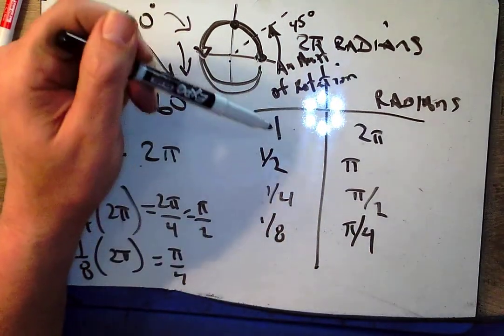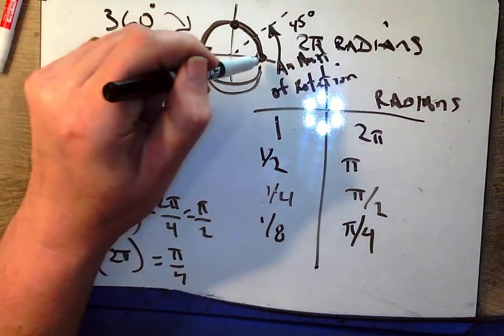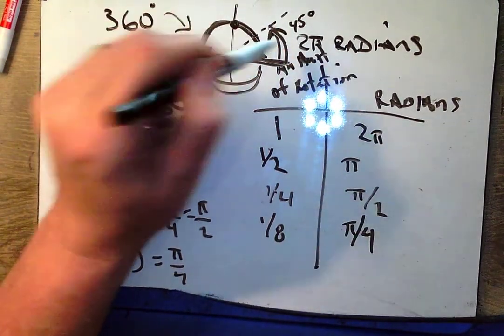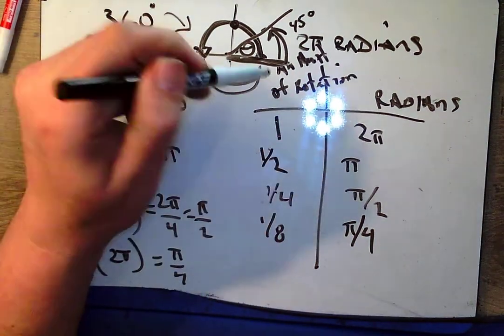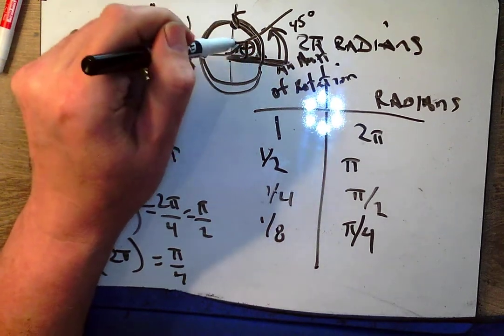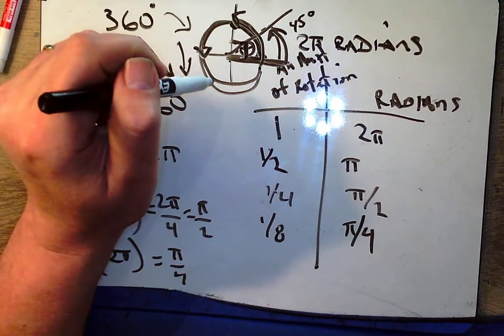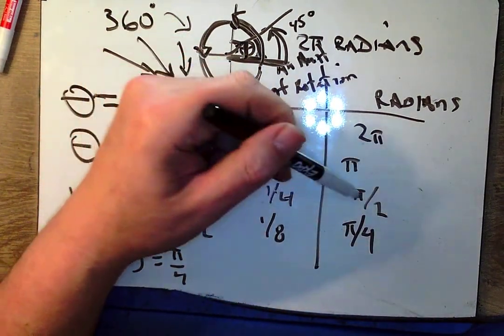And so what I can say here is these different amounts of rotation. If my angle starts here and ends here, that amount of rotation is called pi over 4. If I keep rotating past and stop here, we might have called that a 90-degree angle, but I'm calling it a right angle, or pi over 2 radians, okay?